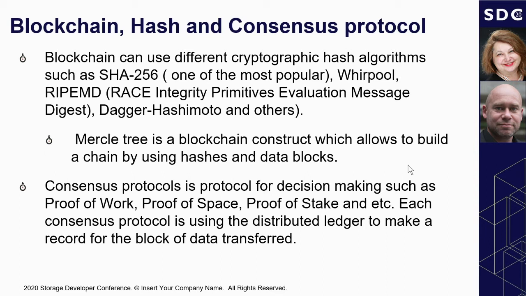Today, the commonly used consensus protocols are proof of work, proof of stake, proof of space, which we will be talking about, and many others. I'm sure this audience has, one way or another, interacted with them. Consensus protocols use, as I mentioned, a distributed ledger, and they make the record of the block, and then the data gets transferred to the next.